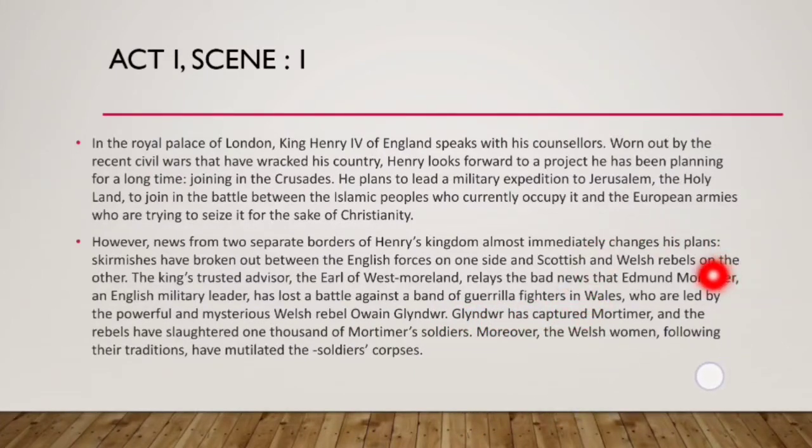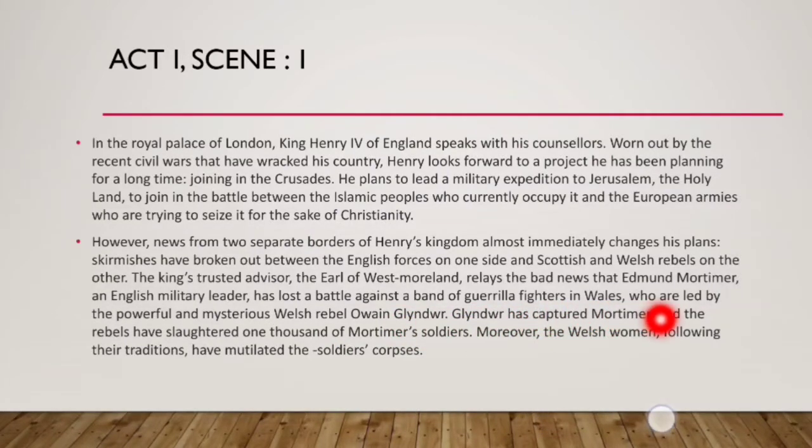Mortimer was taken prisoner by these guerrilla fighters, who are led by the powerful and mysterious Welsh rebel Owain Glendower. I hope that it was clear.